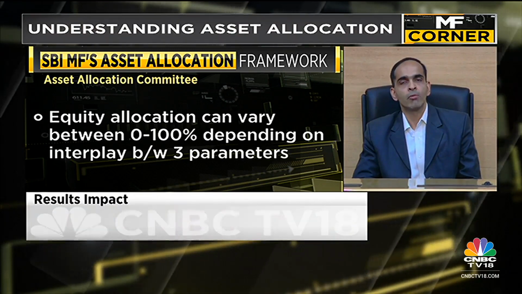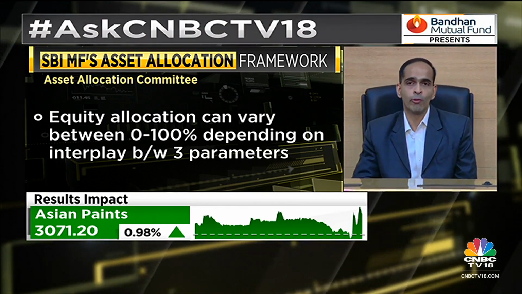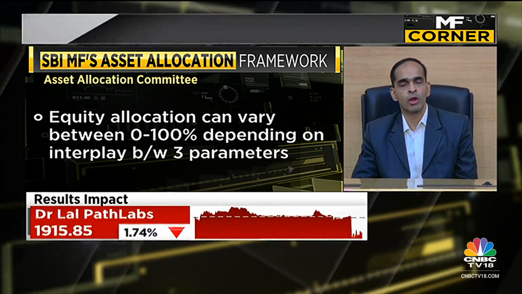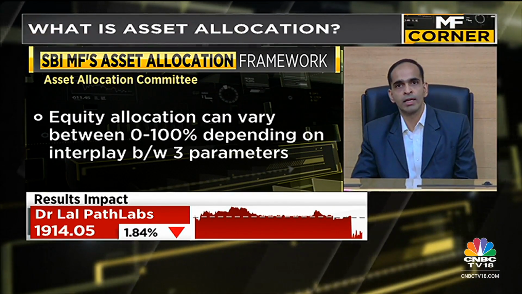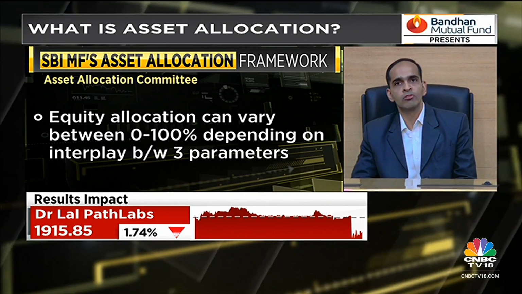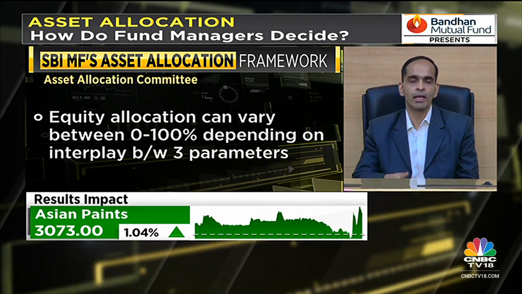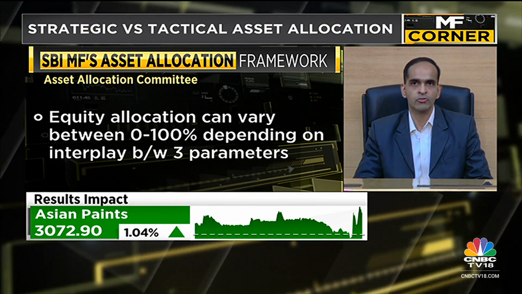Within that, we have a very good experienced research team where we have analysts with a lot of experience across sectors. We ask for the highest conviction ideas of the analyst team and use that to think about which stocks to buy within the given allocation.